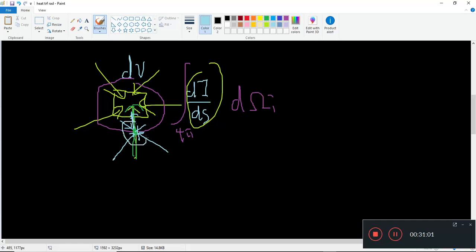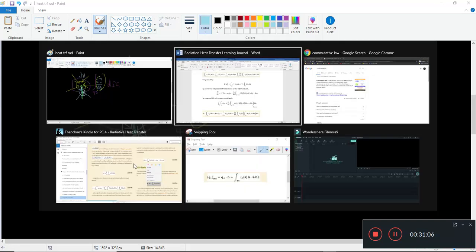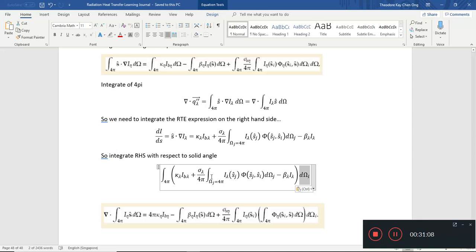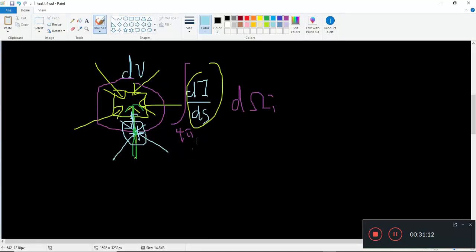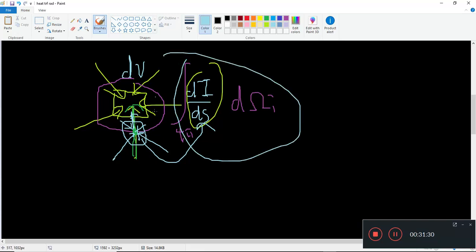And you integrate over 4 pi. That will be this integral omega j here, because in-scattering actually contributes to this. Then when you consider the in-scattering term in this di ds, for each di ds, you have to sum up di ds over all 4 pi in this yellow purple colored circle.